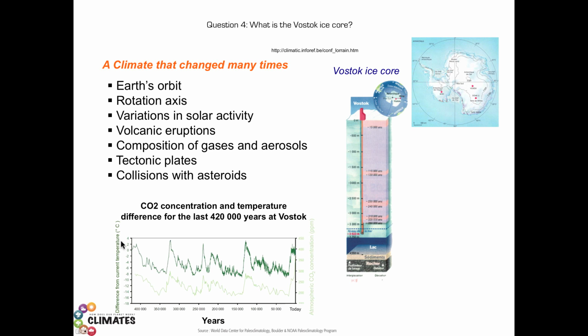This means that after a past temperature has been estimated, the temperature in Antarctica from today is deduced from it. So we observe the difference between the past and the present temperature. Positive values on the graph indicate that the past climate was warmer. Negative values indicate that the past climate was colder.